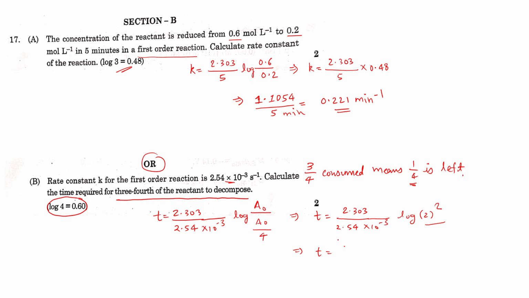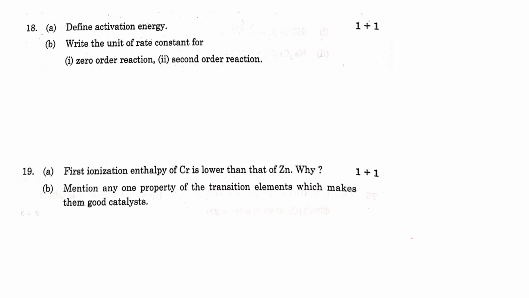So I will directly multiply this, and I get the value 1.3818 divided by 2.54 into 10 to the power minus 3. When we solve this one, it comes out to be 544.02 seconds. So this is the correct answer. Time is going to be 544.02 seconds.